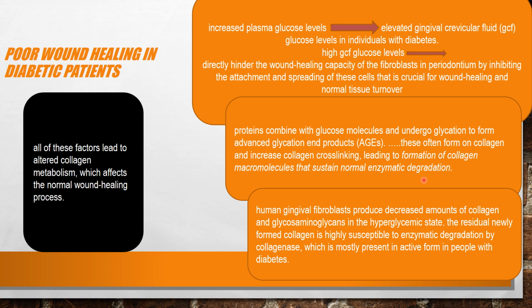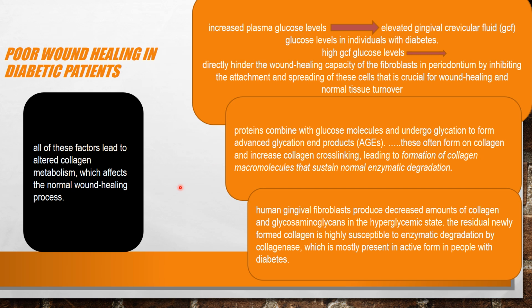The third factor is that human fibroblasts produce decreased amounts of collagen and glycosaminoglycans in the hyperglycemic state. The residual newly formed collagen is highly susceptible to enzymatic degradation by collagenase, which is most present in active form in people with diabetes.